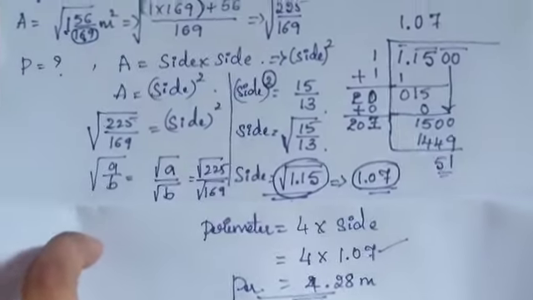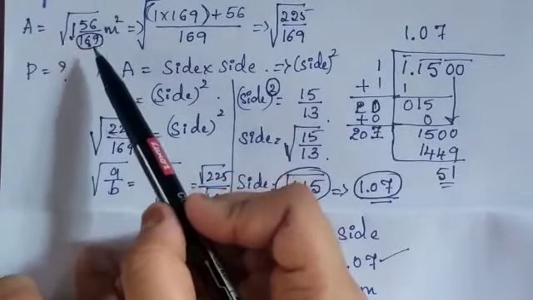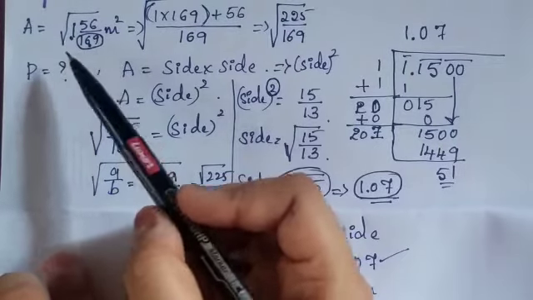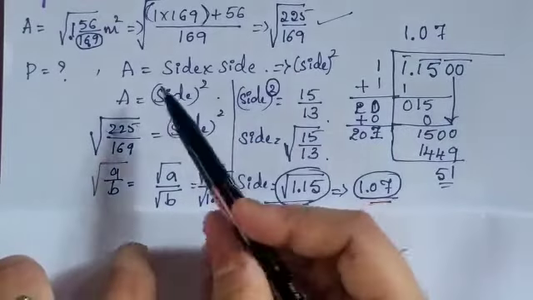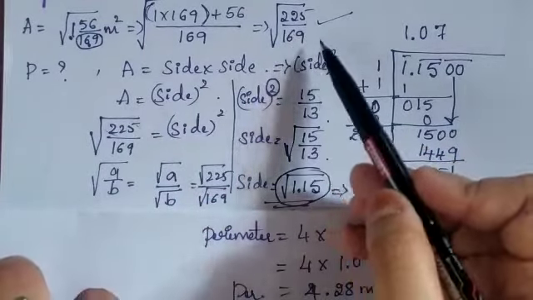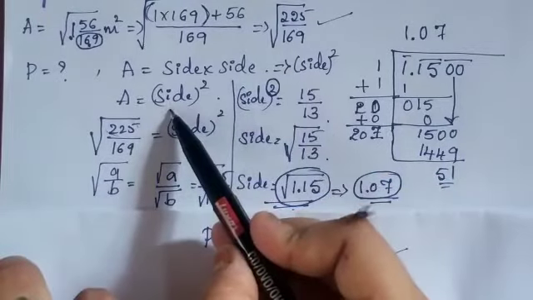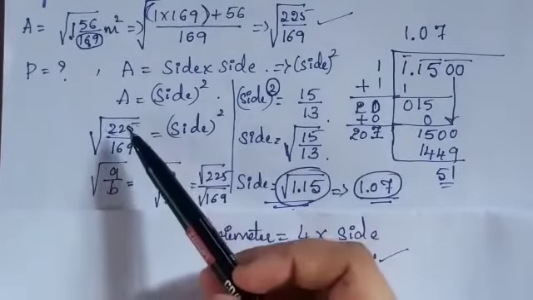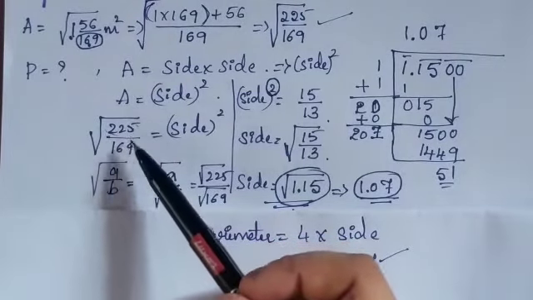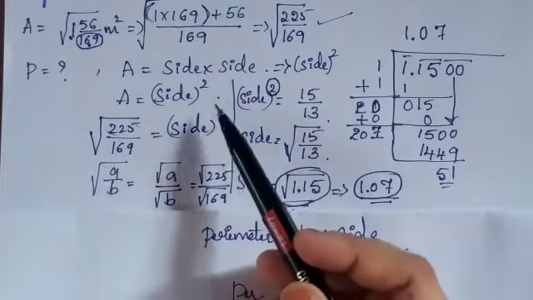What are the things we have done? The area is given, square root of 156 divided by 169. First I converted it into an improper fraction, that is 225 divided by 169. The formula for area is side into side, which is nothing but side square. So square root of 225 divided by 169 is equal to side square.